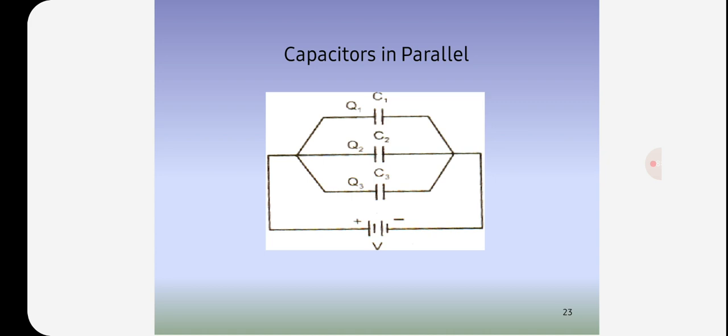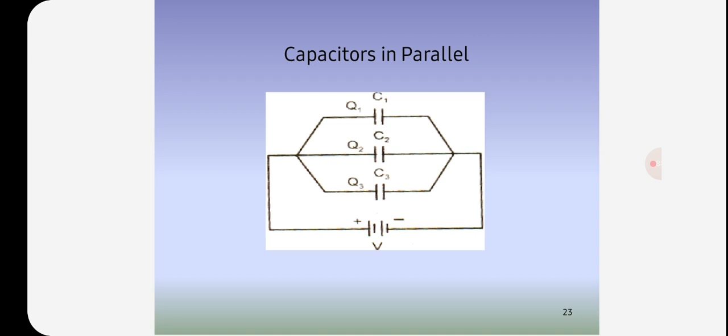In parallel connection, the potential difference across each capacitance is the same, but the charge on each is different. Let C equivalent be the equivalent capacitance of the combination.